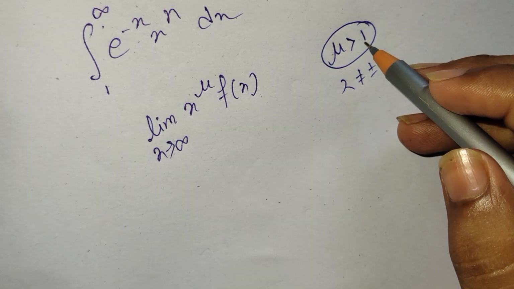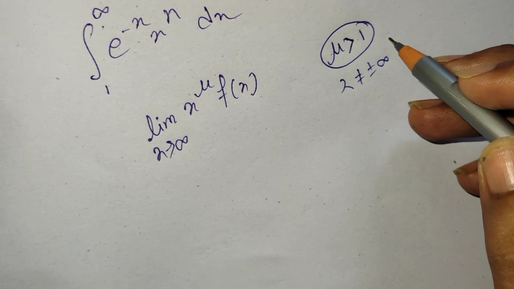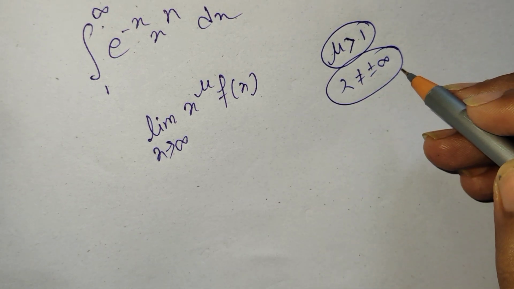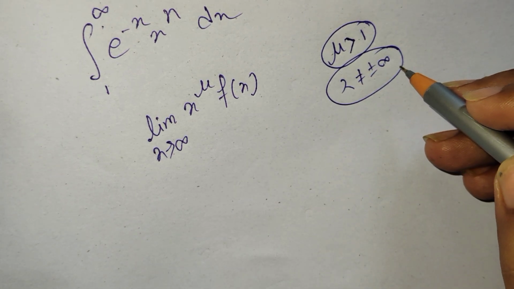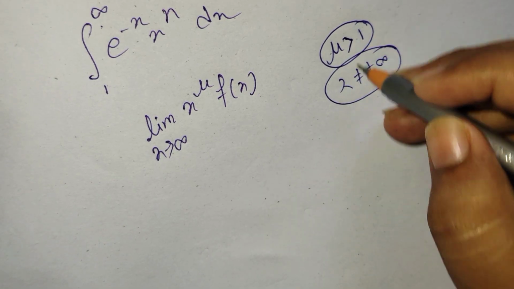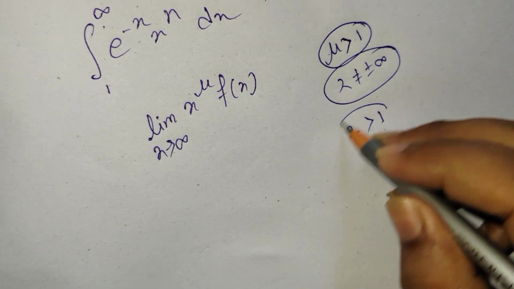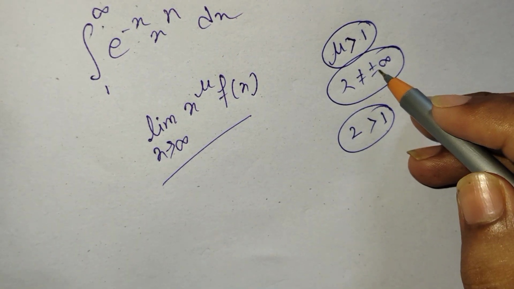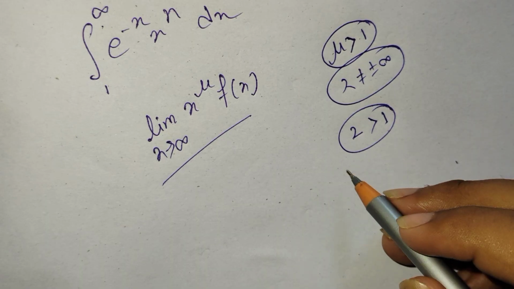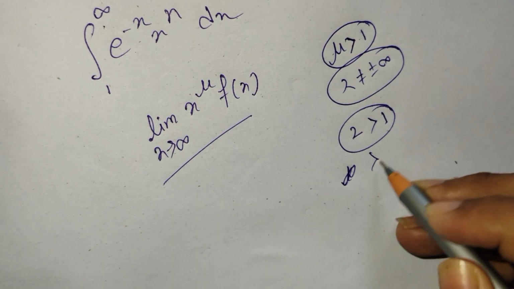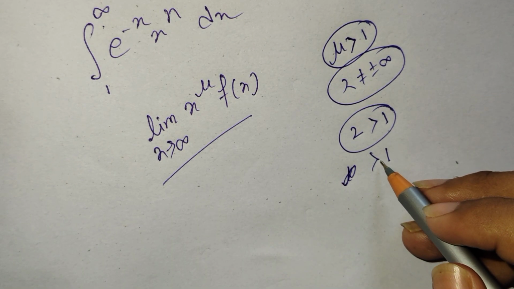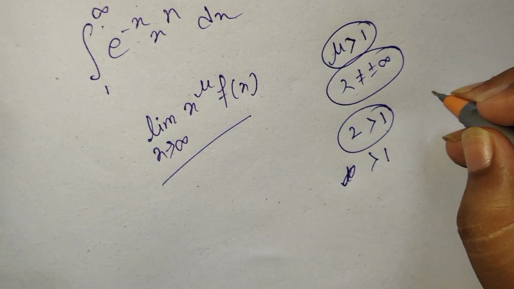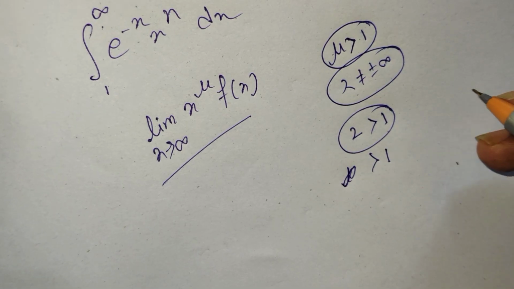So you have to take a value which is greater than 1. If this condition is not maintained, then the integral will diverge. Simple. Hopefully you can understand.